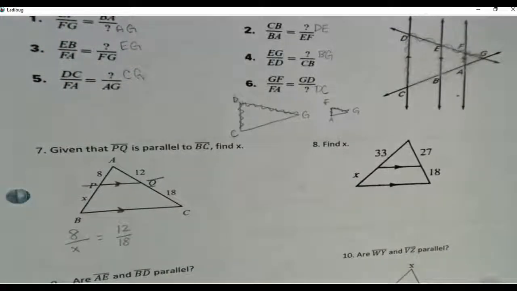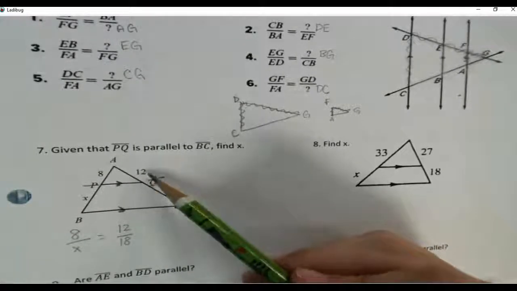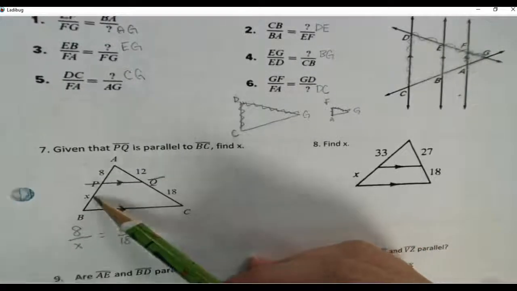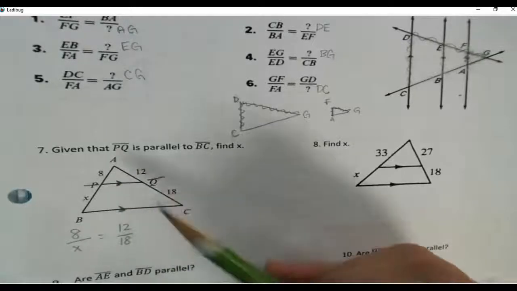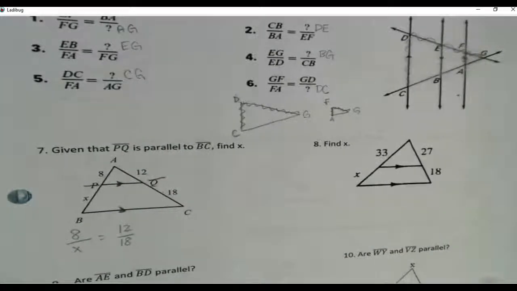You could also say 8 over 12 equals X over 18. You could flip them and say it the other way. The only thing you don't want to do is cross diagonally, so you would never say 12 over X and 8 over 18. That's the only way you don't want to set it up.